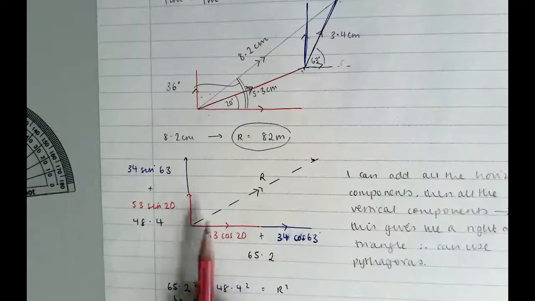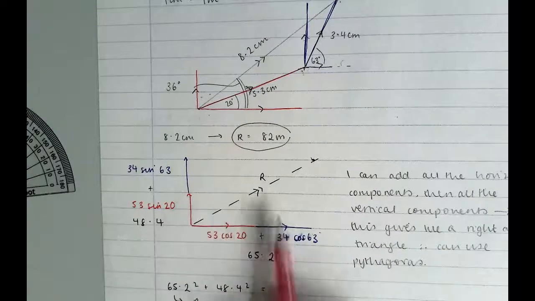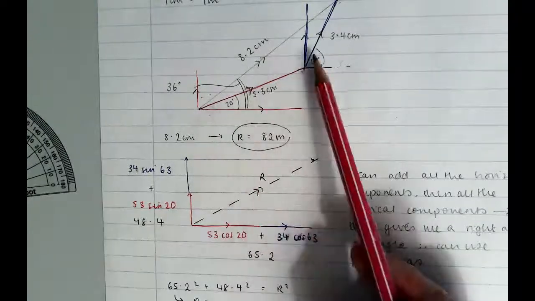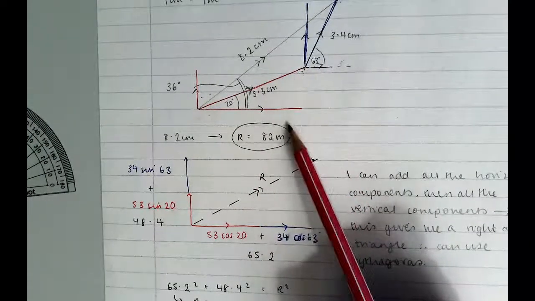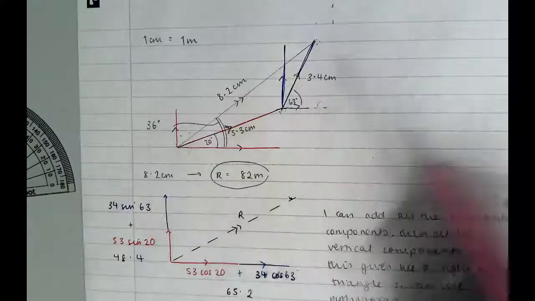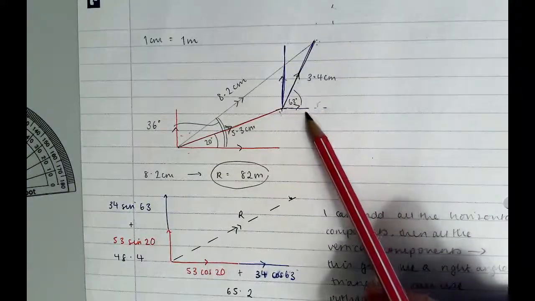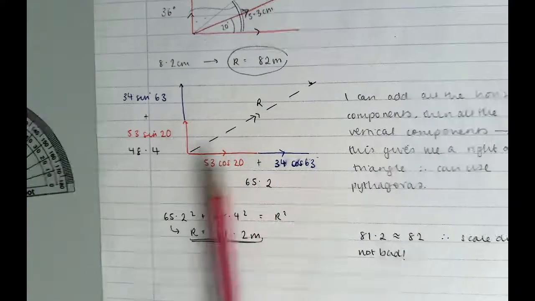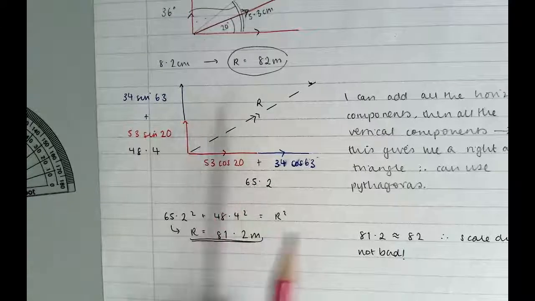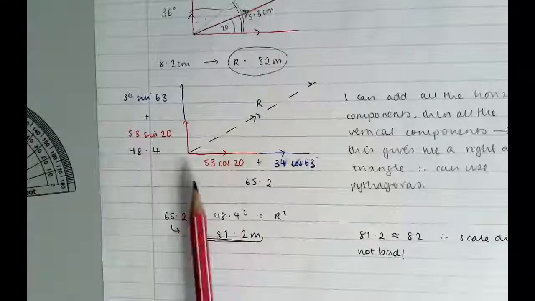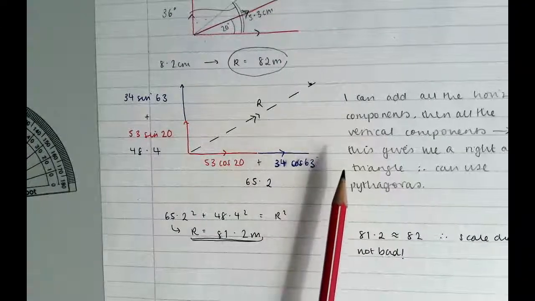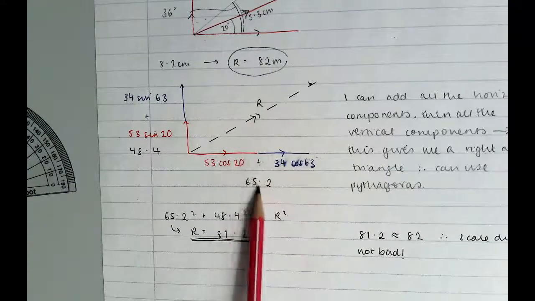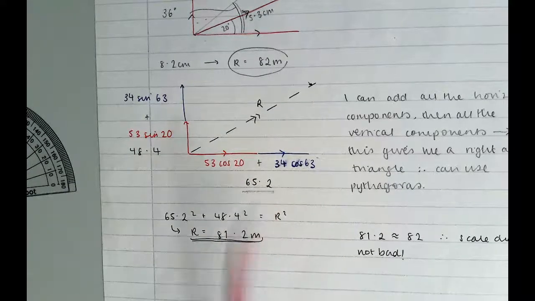So my horizontal component of vector A was my 53 cos 20, because I'm sweeping through that angle, plus 34 cos 63. Okay, I'm not using 5.3 and 3.4 anymore because I need it to be the true value, because I'm just using number crunching. So in total horizontally, I plug that into a calculation, I get 65.2.